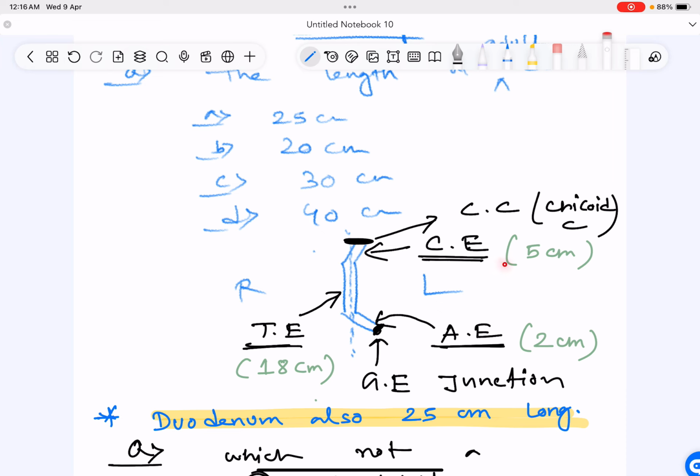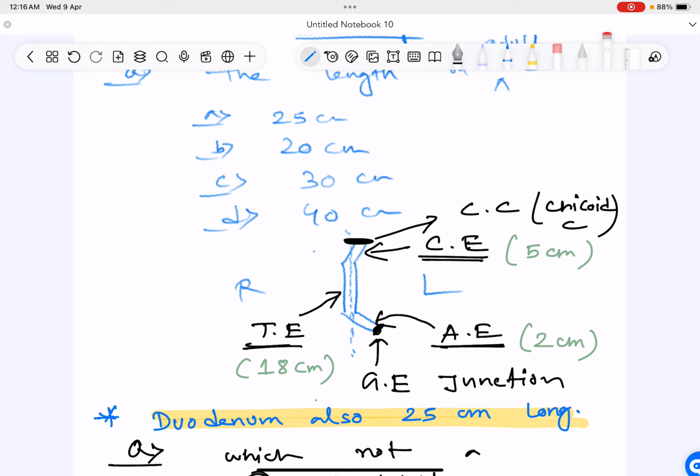The division of this 25 centimeter is 5 centimeter, 18 centimeter, and 2 centimeter. Cervical esophagus is 5 centimeter, thoracic esophagus is 18 centimeter, abdominal esophagus is 2 centimeter. So 5 plus 18 plus 2 becomes 25.